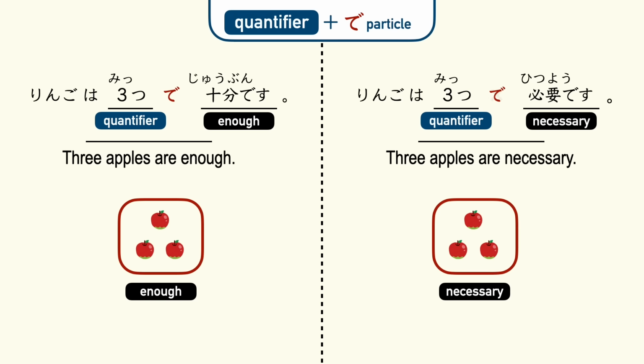The de particle is not needed. The correct sentence is リンゴは3つ必要です without de. Why? Because there is no need to set this boundary.